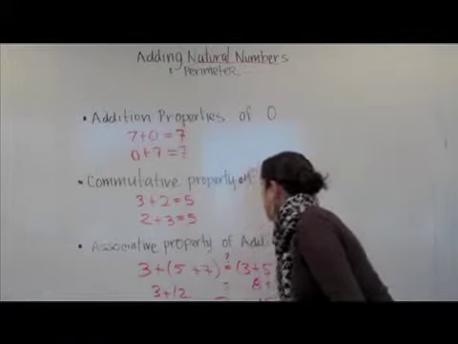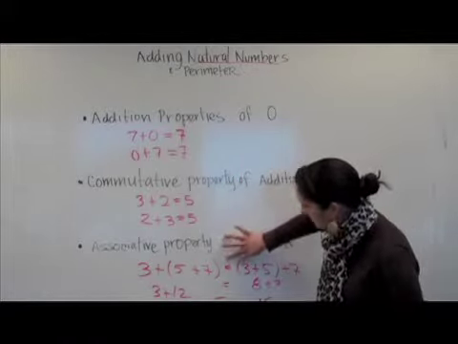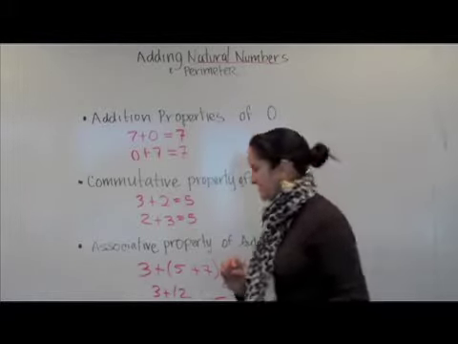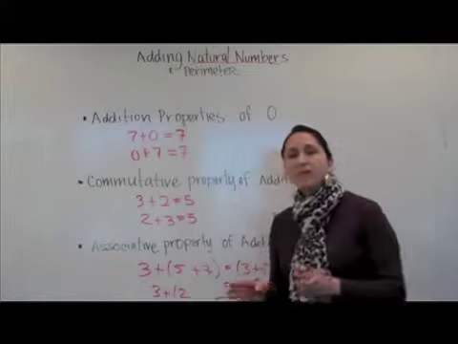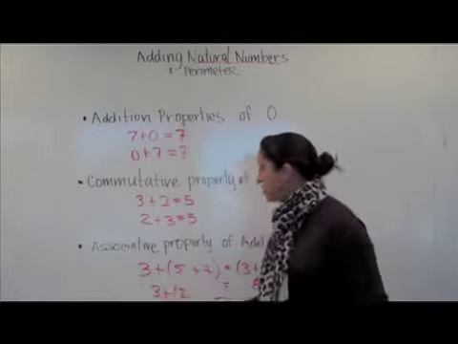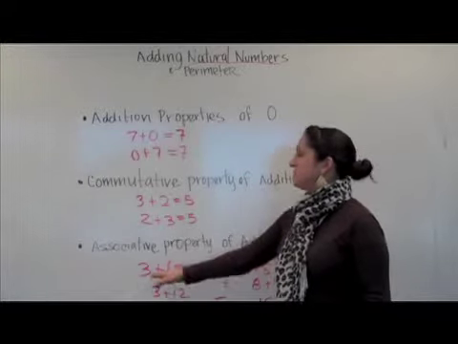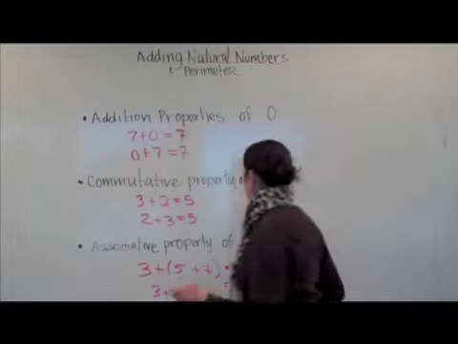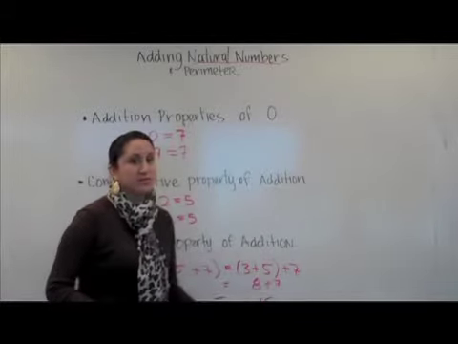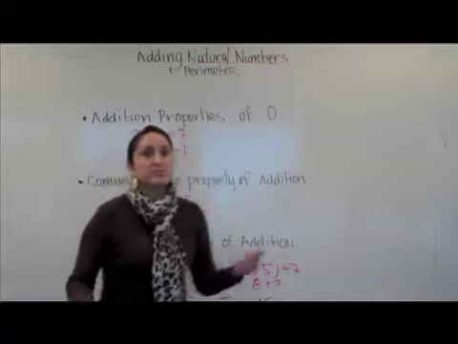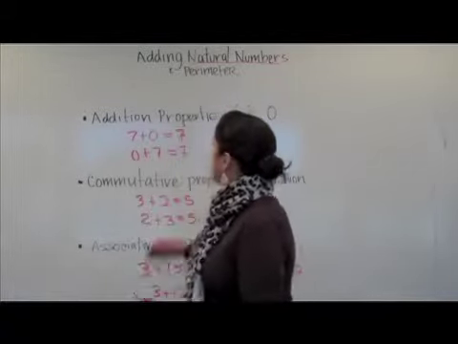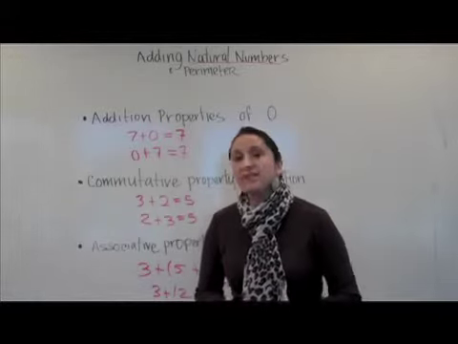That means the statement is equal, and we don't need this question mark anymore. So the associative property says that if you're adding 3 numbers or more, it doesn't matter which ones you add first. You could do 5 plus 7 and then plus 3, or 3 plus 5 and then plus 7, or even 3 plus 7 and then plus 5. So these are 3 basic properties of addition.